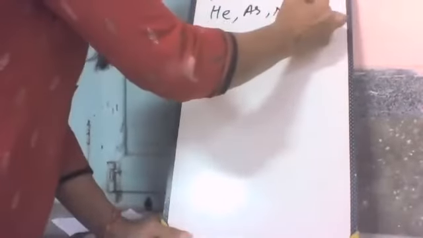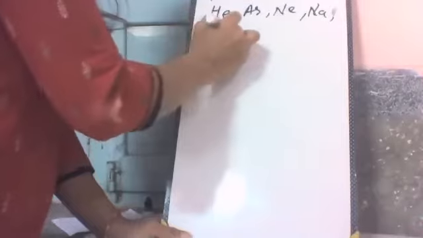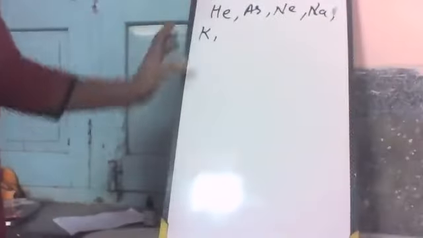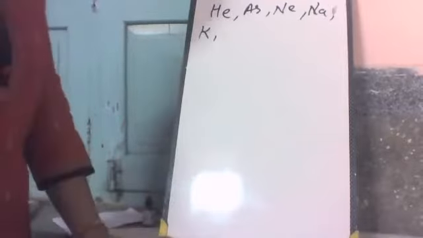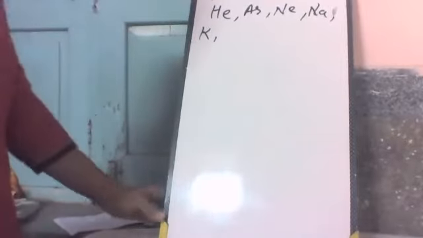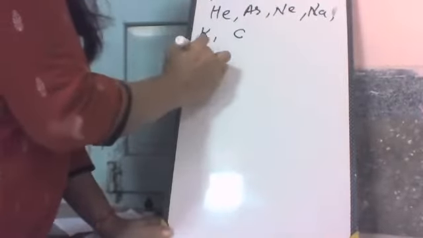Krypton, xenon and so on. Same here, metals like sodium, potassium all have only one atom in their molecule, so they are known as monoatomic molecule. Carbon, etc.